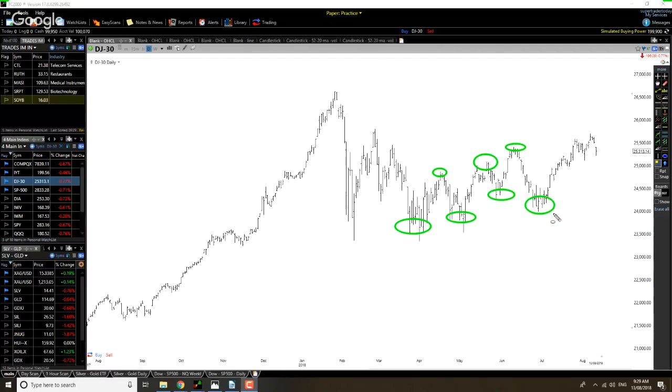Look at this here, lower low, higher high. Hang on a minute. So who's in control right now? No one, right? No one is in control of the Dow Jones right now. It's sideways. There's no one in control. Lower low, higher high, lower low, higher high.